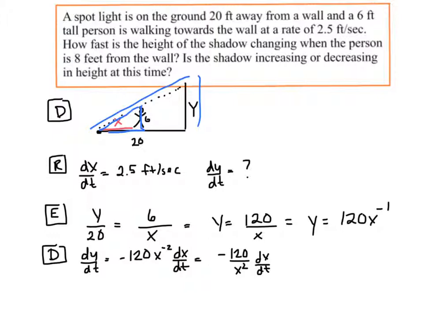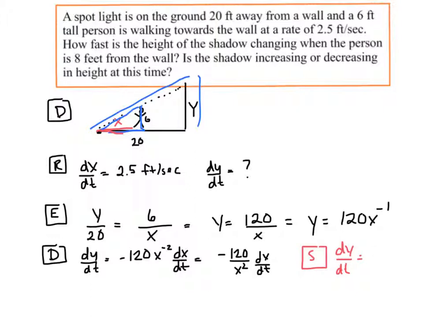Now, to substitute and solve into this, well, we are looking for dy/dt. We know that x is 12, because I've set x up to be the person's distance from the light. This person's 8 feet from the wall, so x would be 12, right? 20 minus the 8.